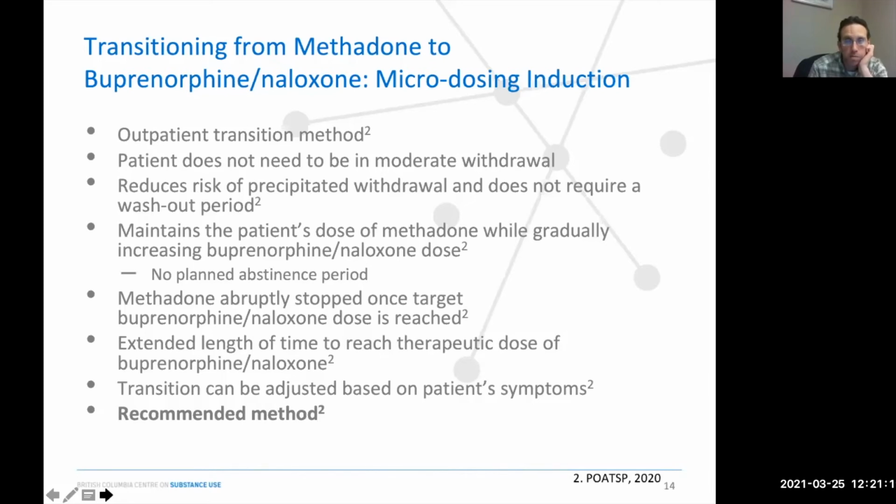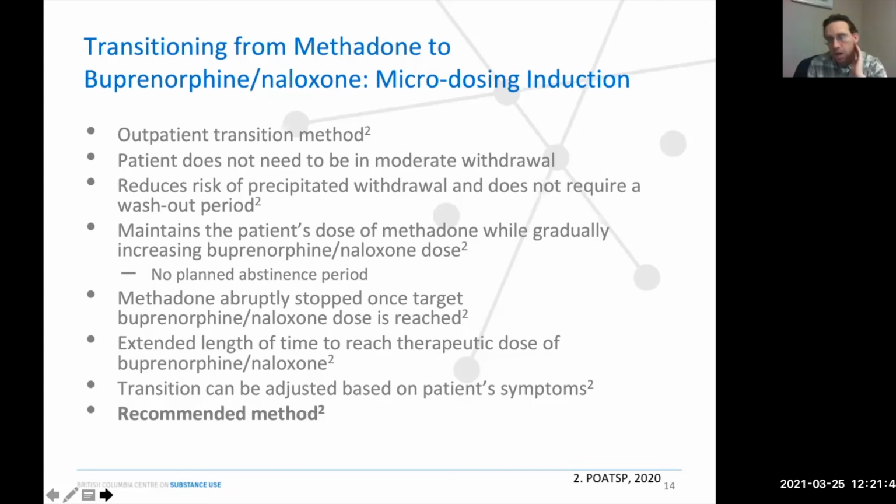So what we do is maintain patients' dose of methadone while gradually increasing the buprenorphine dose. And generally this is done over roughly 1 week, but for sure it can be extended out to 10 days or 2 weeks or potentially even longer if people are having a really difficult transition. Usually I try and keep it to between 1 and 2 weeks. So at the end of the microdosing, generally the methadone is stopped because the buprenorphine has over 1 to 2 weeks gradually completely replaced the methadone on the opioid receptors.